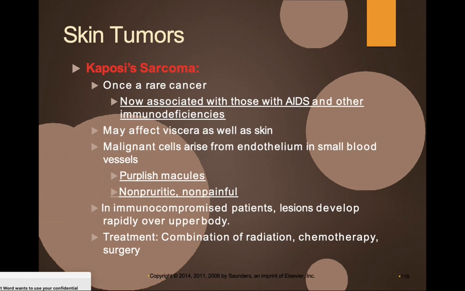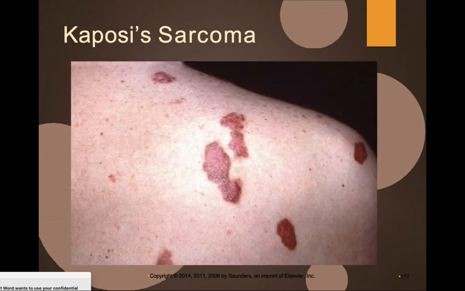They are not itchy, they're not pruritic, and they're not painful. It's found in immunocompromised patients. The lesions develop pretty rapidly over the upper body. The treatment for this is a combination of radiation, chemo, and surgery.